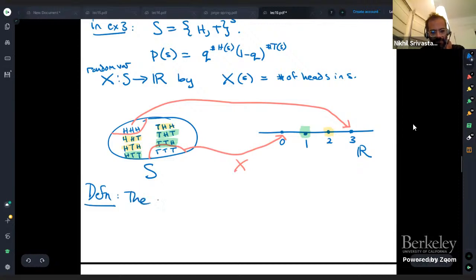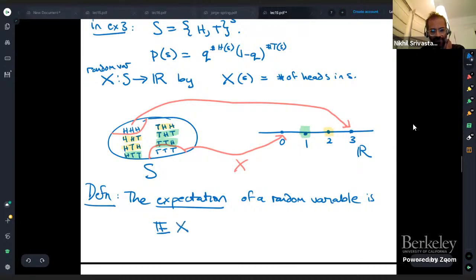The expectation of a random variable is, use this blackboard E notation, EX, the sum over all points in the sample space of the probability of that point times the value of the function at that point.